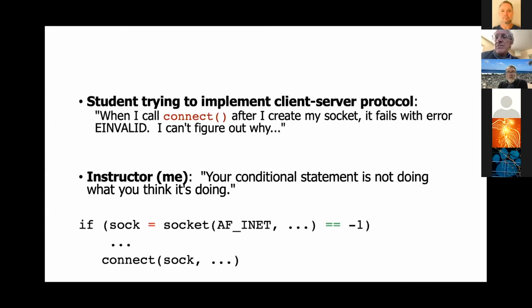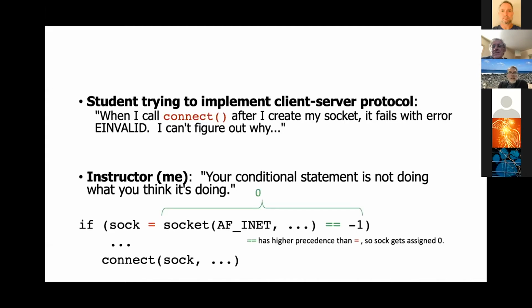So they create a socket and they assign it to a variable and they compare its value to -1, which is what socket returns on error. And they think incorrectly that assignment has higher precedence than comparison, equality, which it does not. The comparison actually has higher precedence.